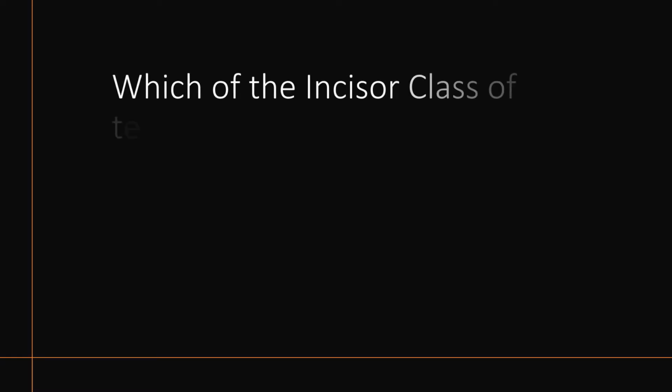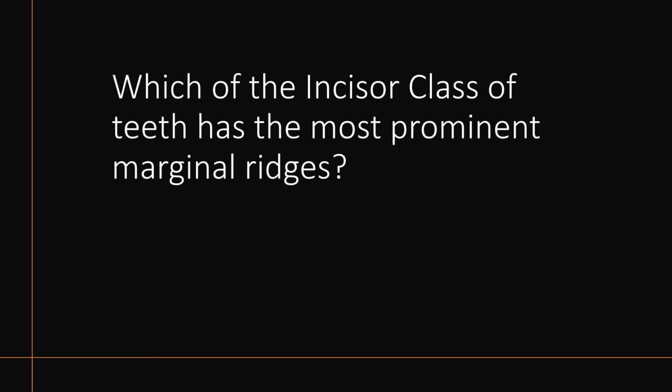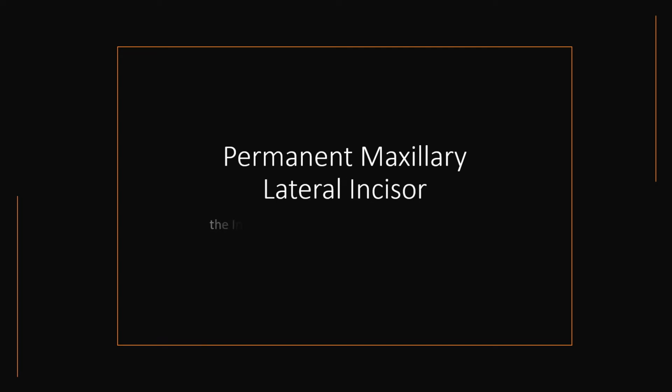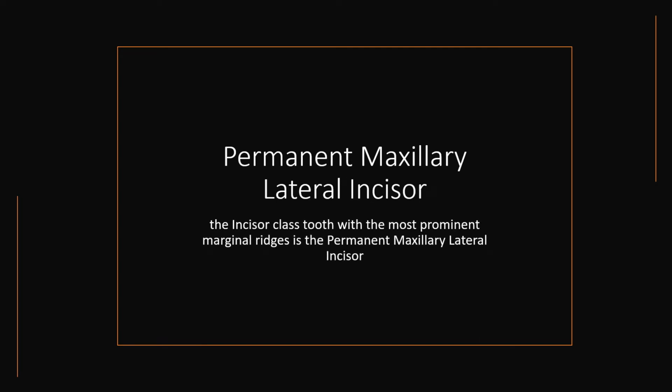So now the question is, which of the incisor class of teeth has the most prominent marginal ridges? The most prominent ridges in the anterior teeth belong to the permanent maxillary lateral incisor.